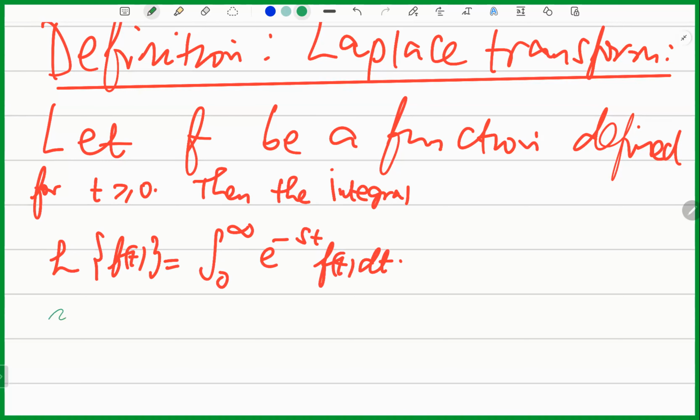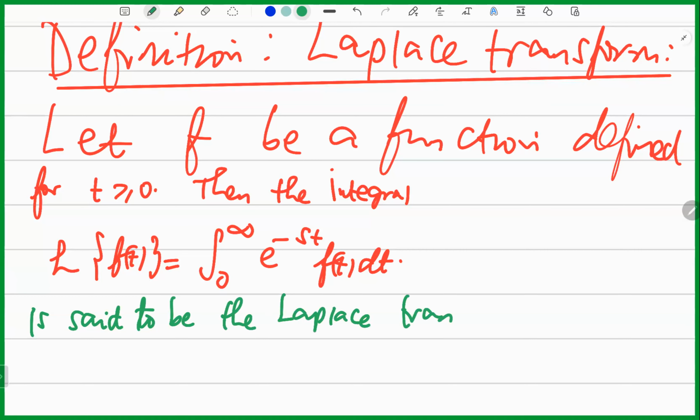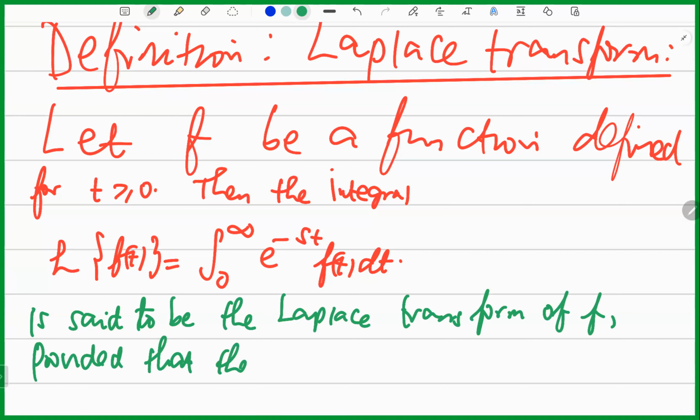This, if the case, is said to be the Laplace transform of f, provided that the integral converges.